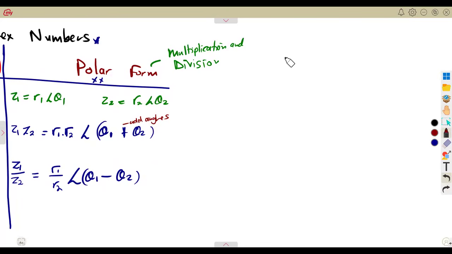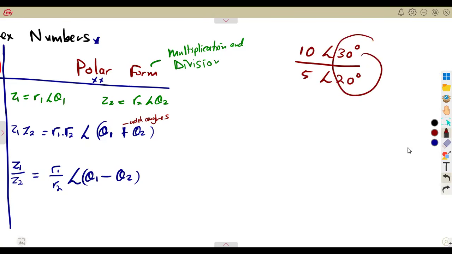For an example, let's say you are to simplify 10 angle of 30 degrees over 5 angle of 20 degrees. The division. So you simply divide the numbers on their own, the angles on their own. But you have to subtract the angles. So it was going to be 10 over 5.